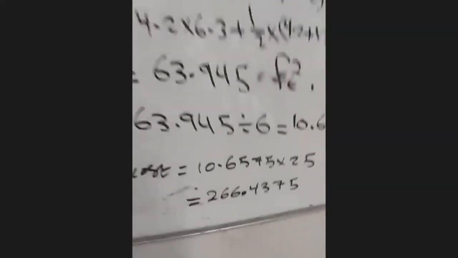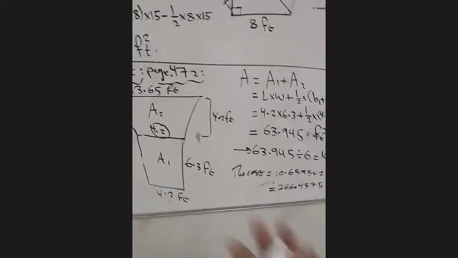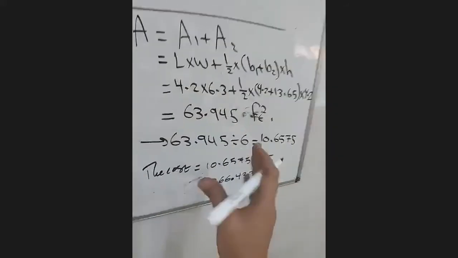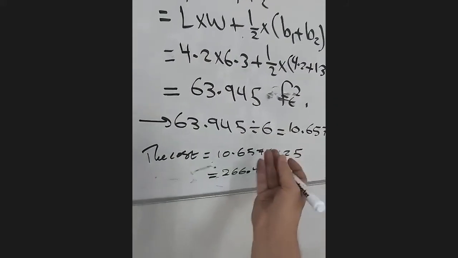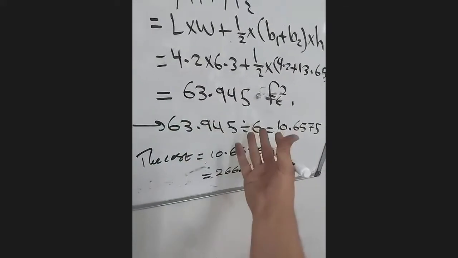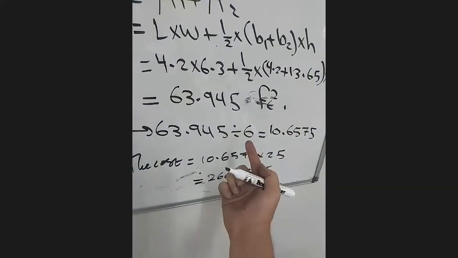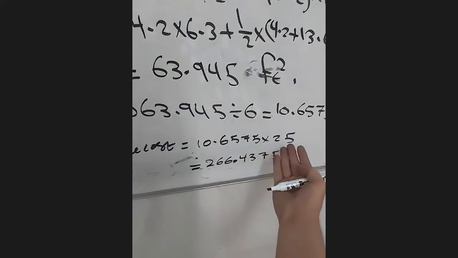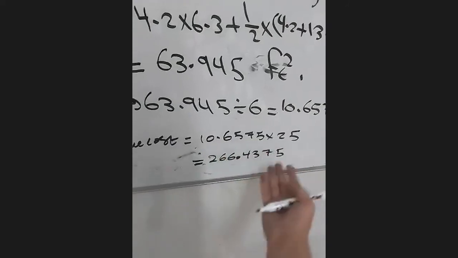The answer will be $266.4375. And I gave exact values here. So I find the whole area, then I find how many 6 square feet are inside the whole area by dividing. Each 6 square feet costs 25, so I multiply to find the answer in dollars.